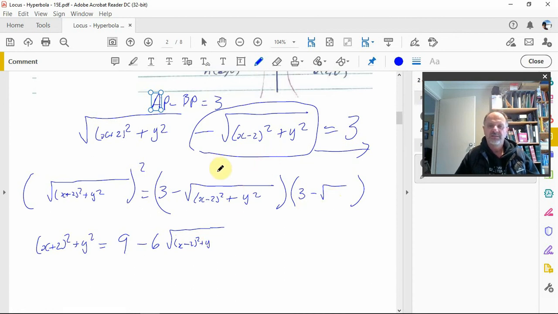Now, I've made a mistake there. Hopefully you picked that up: when I move that across over to here, we've got to add it to both sides, so that's a plus. 3 times 3 is 9, 3 times there, plus another 3, so plus, sorry about that. And then plus times a plus, so plus, again, that square root times that square root just removes the square root.